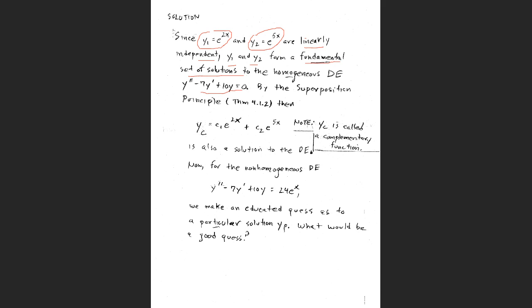Now I'm going to give you a chance to catch up here, but this means, by what's called the superposition principle, that the solution C1 times e to the 2x power plus C2 times e to the 5x power is also a solution to the differential equation.